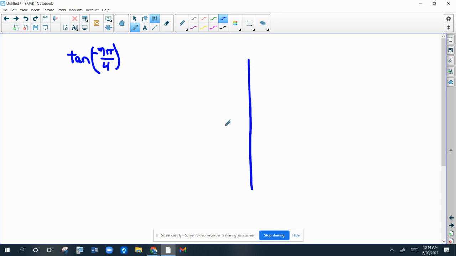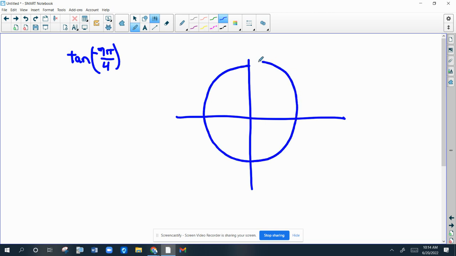First, draw a circle. Pi over 4, that's the circle. The pi over 4 circle has just these 45-degree angles on it, one spoke per quadrant. Negative 7 pi over 4 means you count 7 of those, but negative means you do it this way, clockwise.